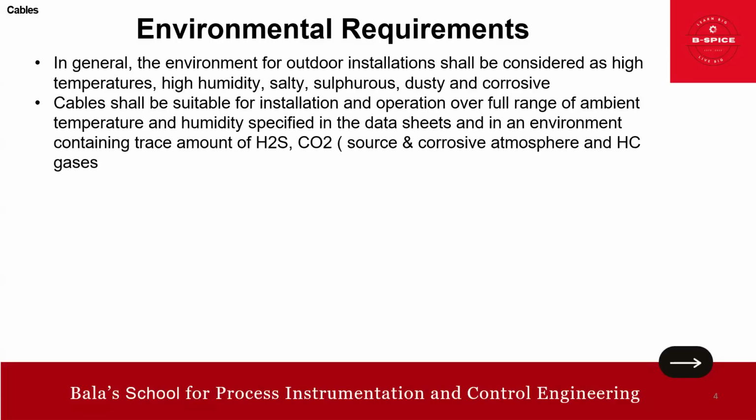So the cable shall be suitable for installation and operation over the full range of ambient temperature of the particular region and humidity specified in the data sheets, and in an environment containing trace amounts of H2S and CO2, like a sour and corrosive atmosphere, and hydrocarbon gases. This is about the environmental requirements.